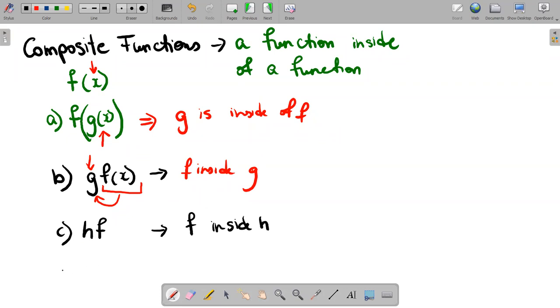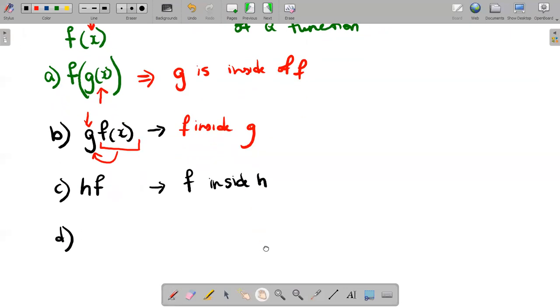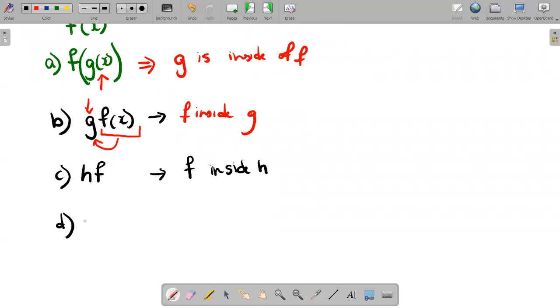Let's try one more. Suppose I gave you this one: GF. Who is inside of who? Okay, I see a person saying F inside. Everybody else, agree or disagree?